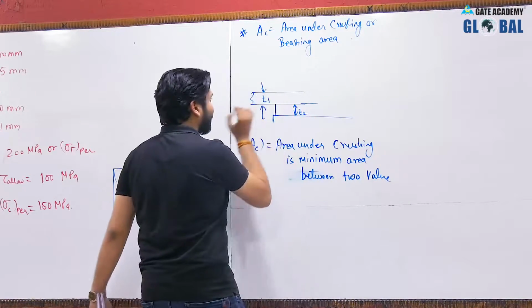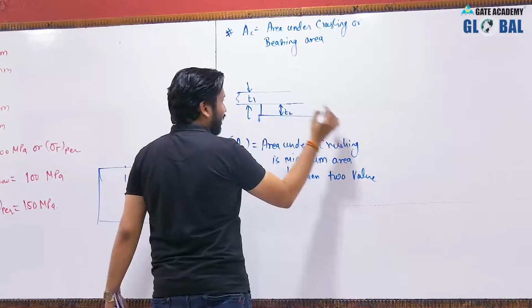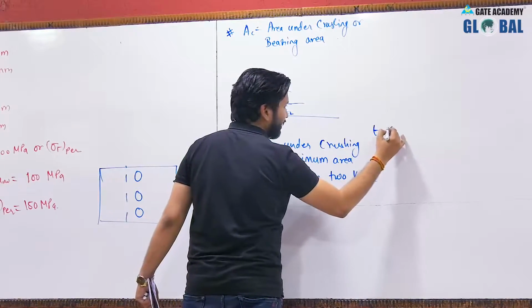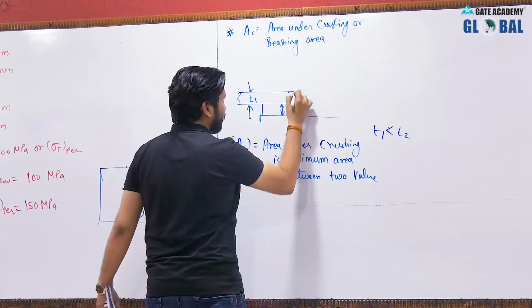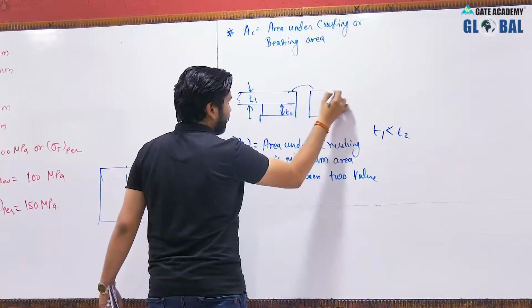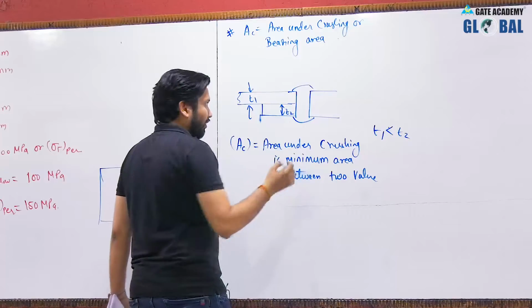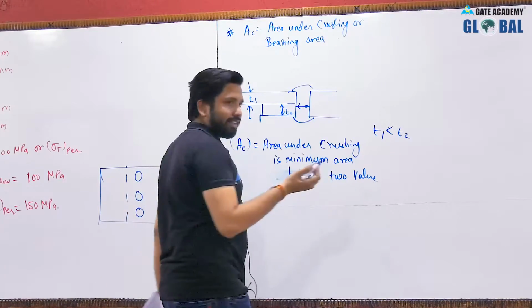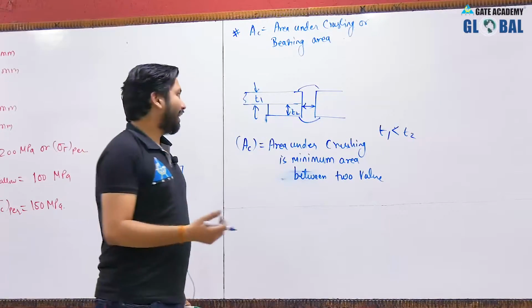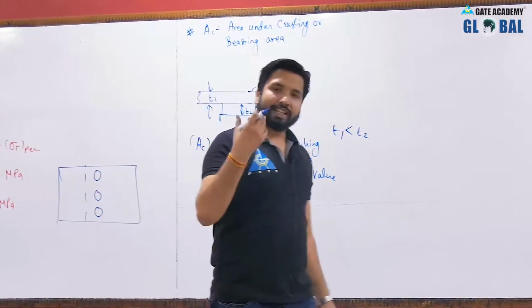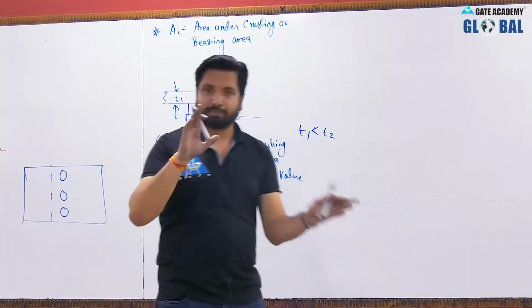If this thickness is T1 and this thickness is T2, such that T1 is less than T2, and we have a rivet over here. The diameter of rivet is equal to the diameter of hole, as after being connected, the rivet will be filling the hole completely, hence the diameter of hole will be the diameter of the rivet after the joint has properly formed.